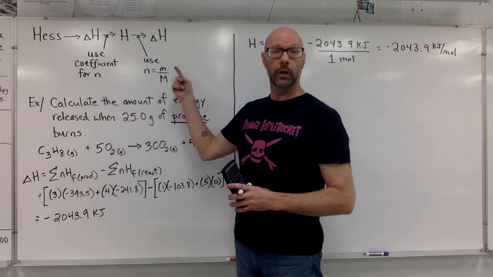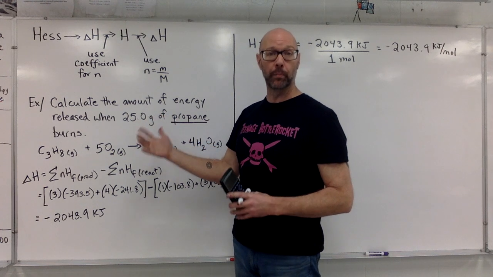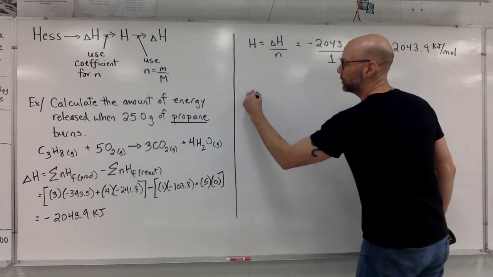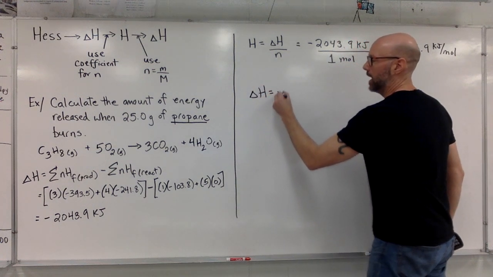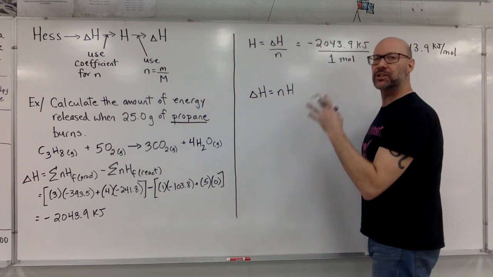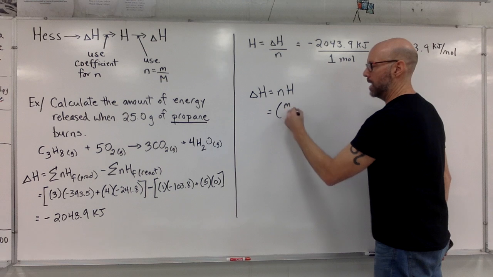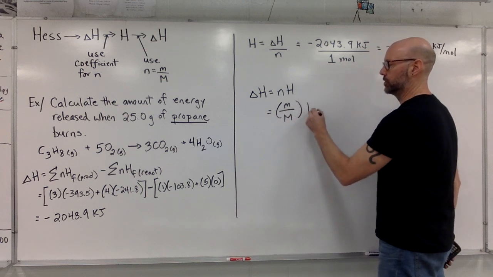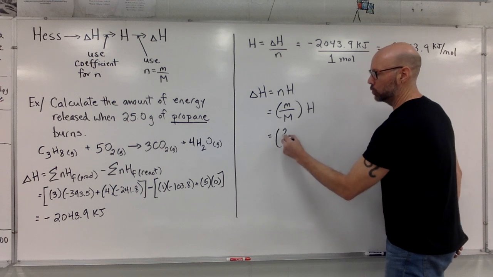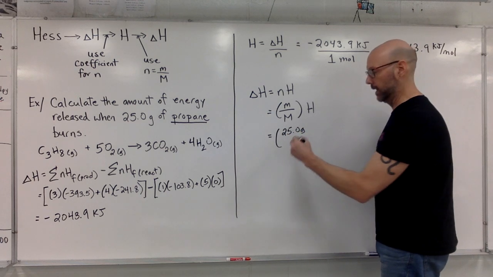But this time, we're going to use mass over molar mass. These 25 grams of propane are significant now. Delta H is nH. But as we were just saying, we're going to use the mass over the molar mass. So that's going to be mass over molar mass, times H. We have 25.0 grams of propane.